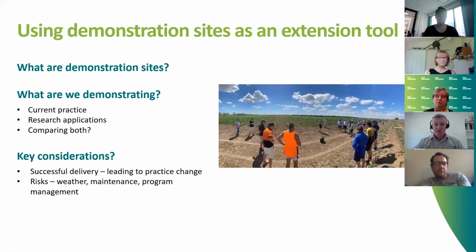And from my experience, demonstration sites also bring together industry stakeholders such as growers, agronomists, and processors, encouraging peer-to-peer learning and networking, often with a barbecue and a few drinks.